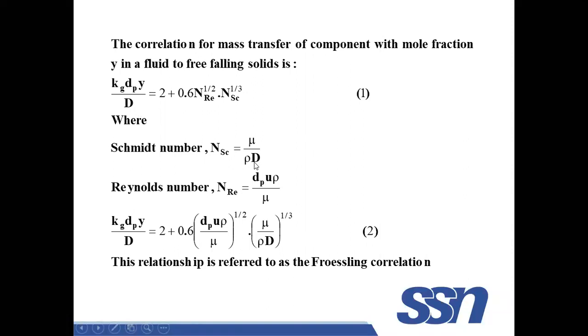Reynolds number is d V rho by mu, right? So if you substitute these two, then these expressions will come. This relationship is called the Frossling expression, which gives the relation of kg with the diffusivity, right?